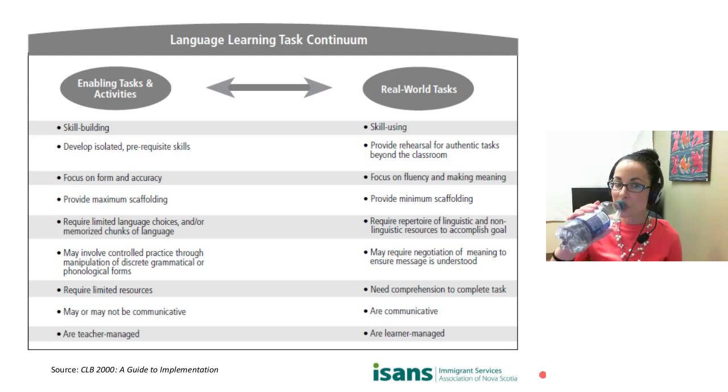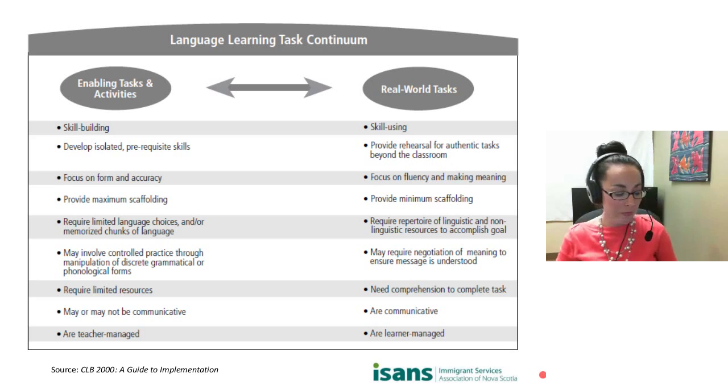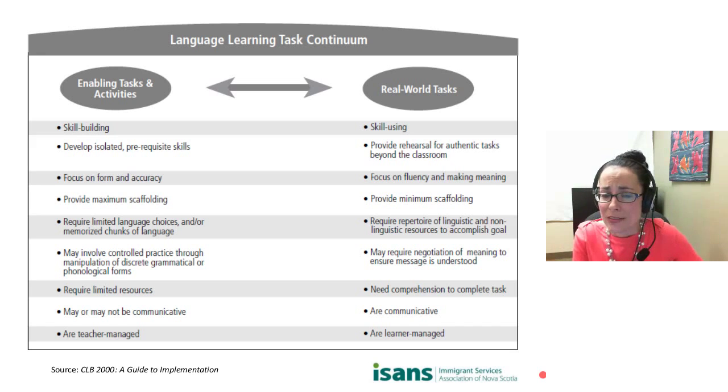Awesome. So an enabling task, and just follow along, I'm just going to go from left to right here. With enabling tasks and activities, we're building up those skills, whereas in the practice, the real world classroom task, we're going to be using those skills.